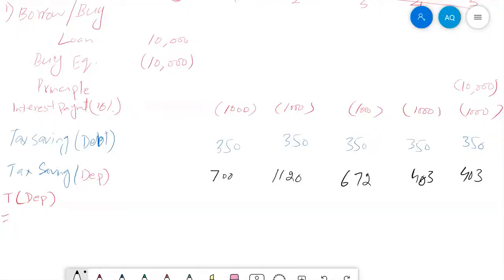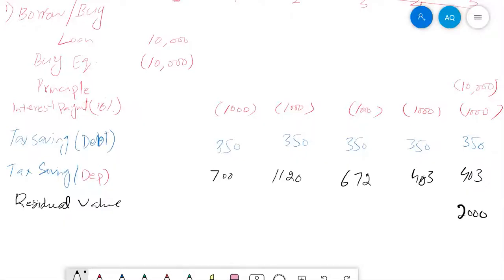So let's suppose the residual value Anderson will get at the 5th year is 2000. Then we have to pay some taxes on this residual value.